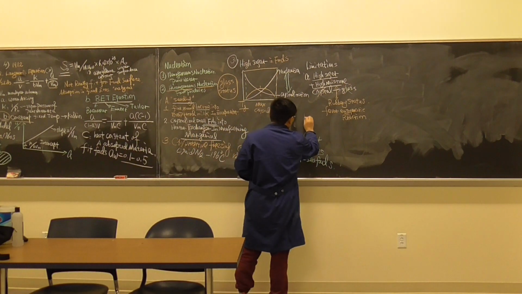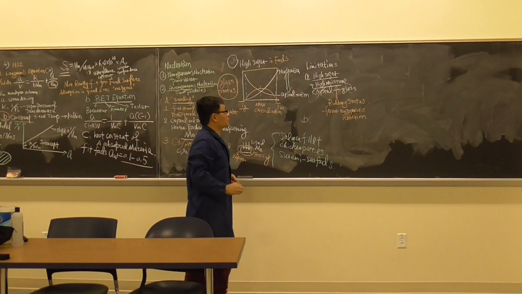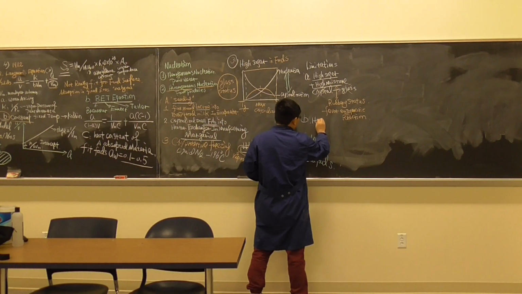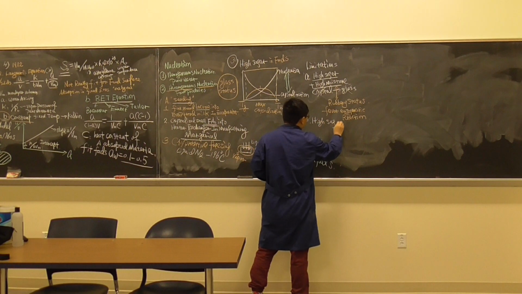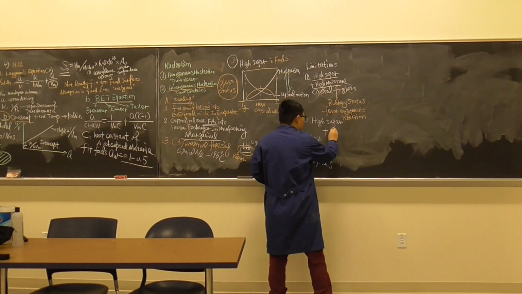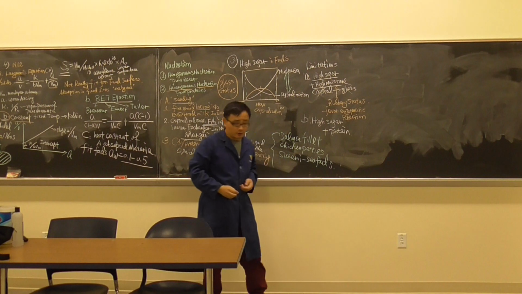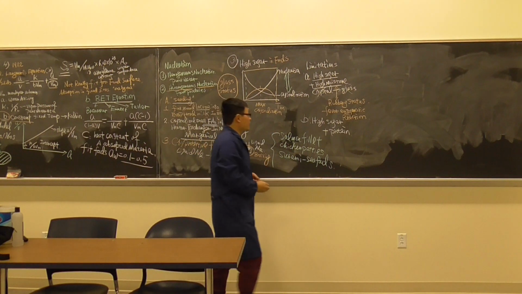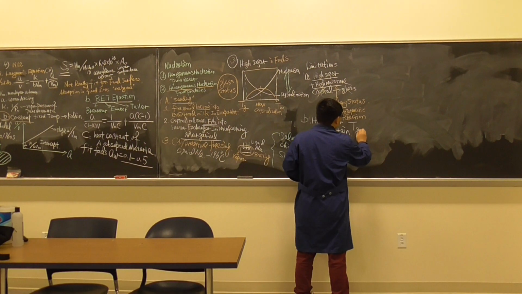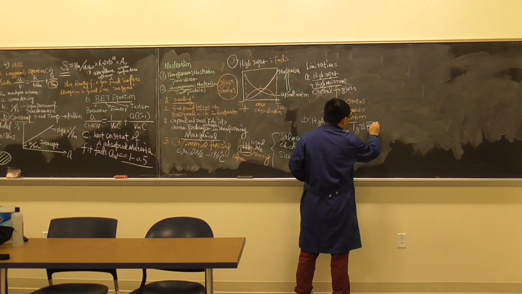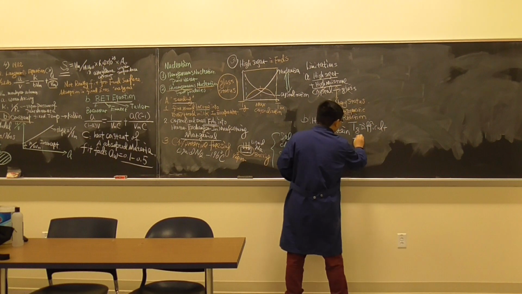Number two, if in these products you have a high sugar, you have a sugar there, at the same time you also have a protein. You have other macromolecular stuff there. Then this Tg is very difficult to determine.